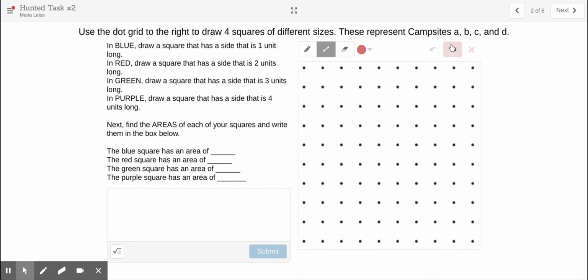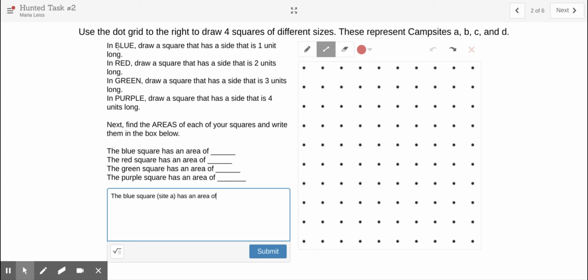You're going to find campsites A, B, C, and D. You may want to start by saying the blue square, or site A, has an area of, and you may need to do that for all 4 of these.